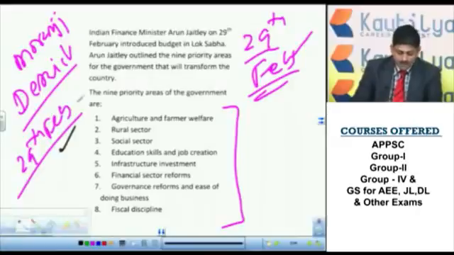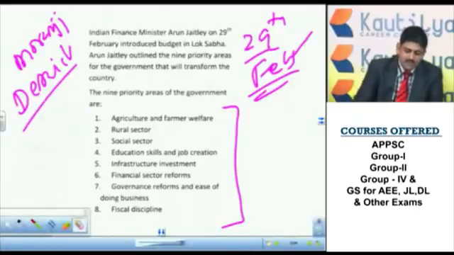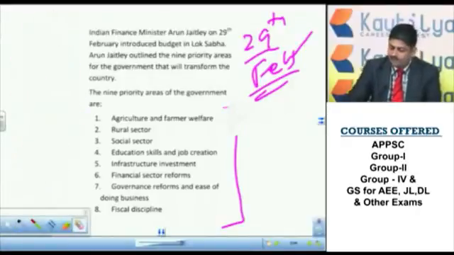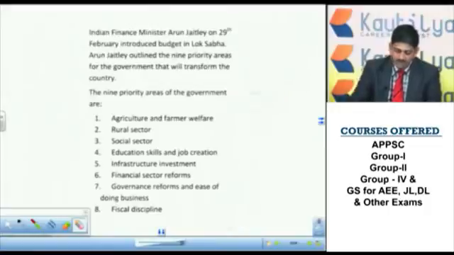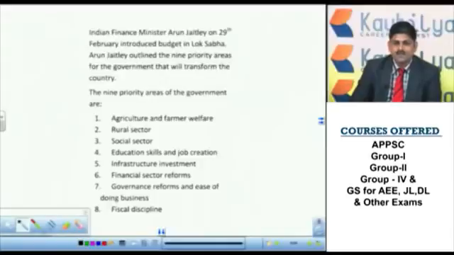This is another important static GK question. Later Morarji Desai even became the Prime Minister of India. He was the first non-Congress Prime Minister in India, and he became the Prime Minister from the Janata Dal Party.